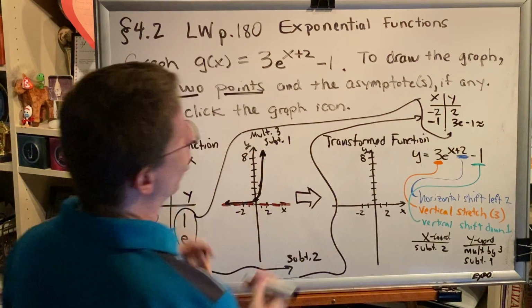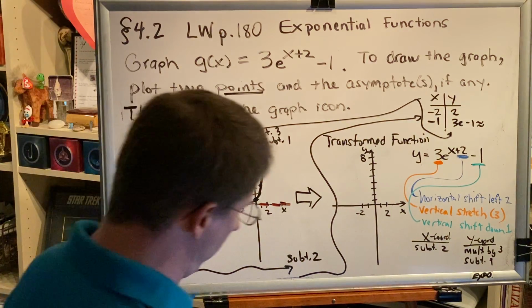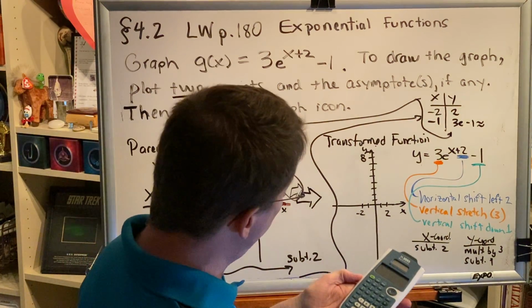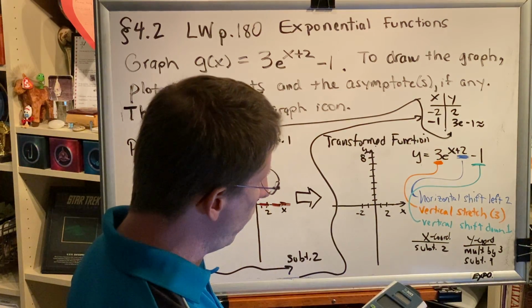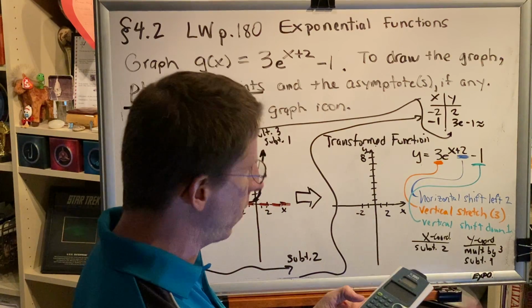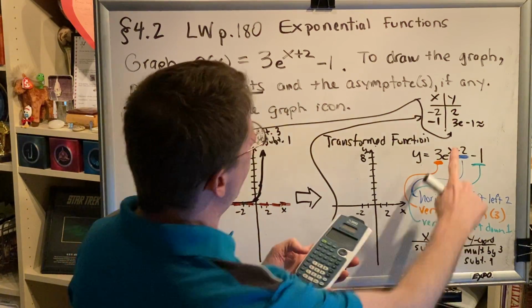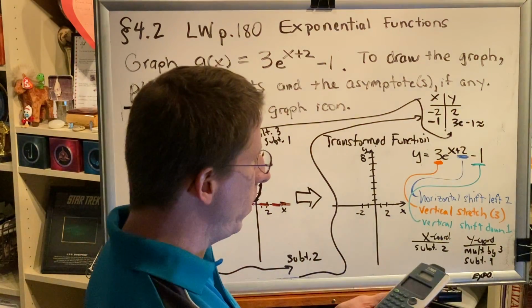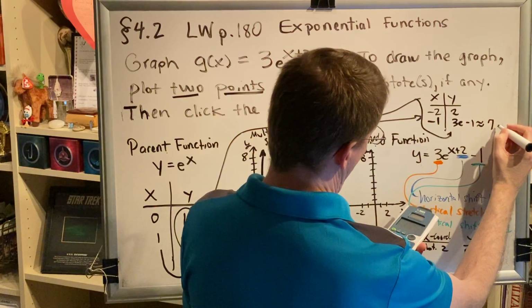We'll get a decimal approximation for that so that we can plot that point and have an idea where it is. We know that e is 2.718281828459045, etc., approximately. We'll multiply that by 3, because we have 3e. We subtract 1, and this is approximately 7.1, approximately 7.2.